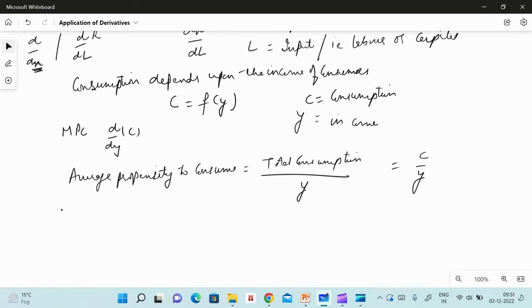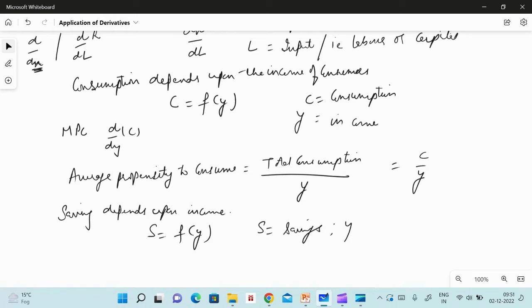Fine. So if we talk about propensity to save, we all know what is saving. Saving means when we save some money for some future contingency or anything else. It also depends upon income, right? So I can write that saving is a function of Y, where S is savings and Y, already discussed, is income.